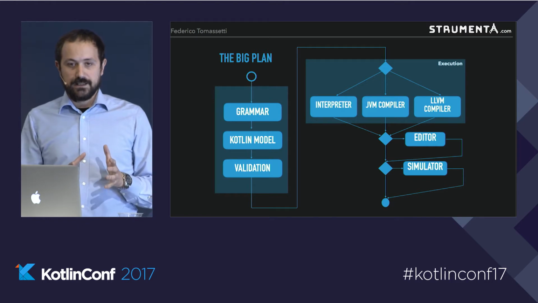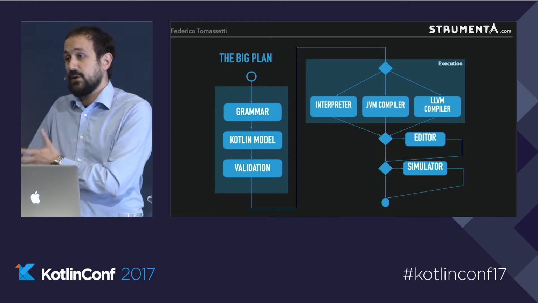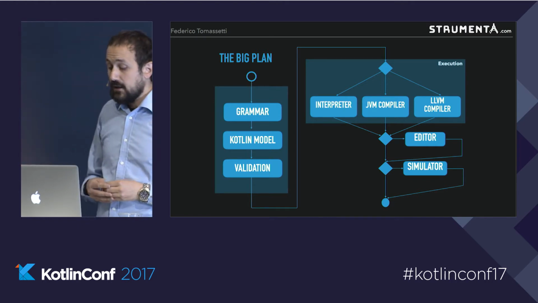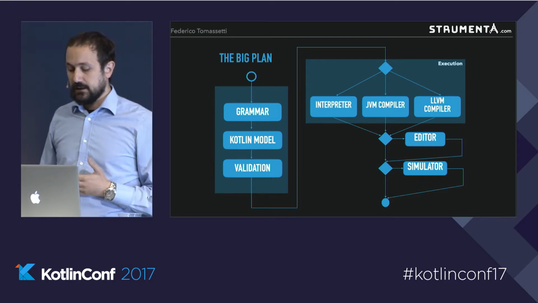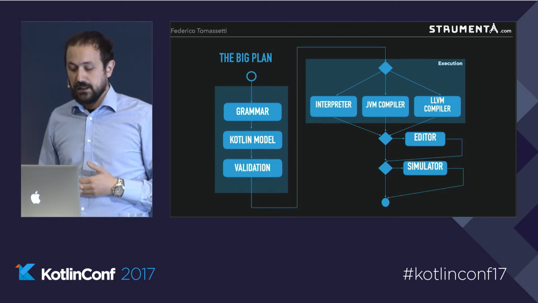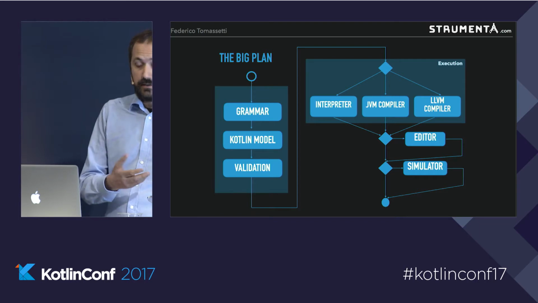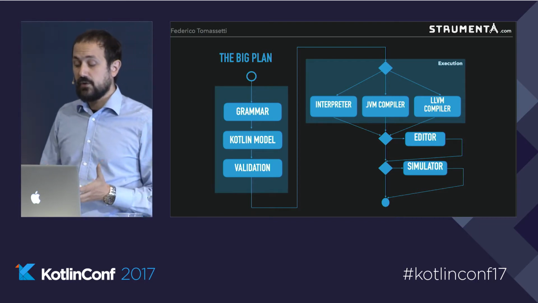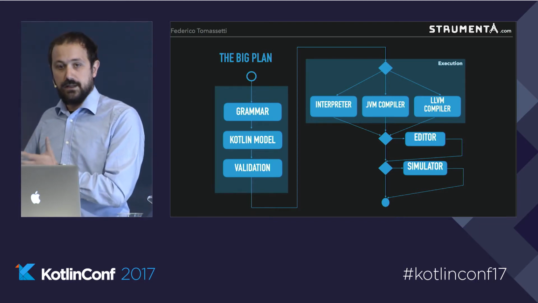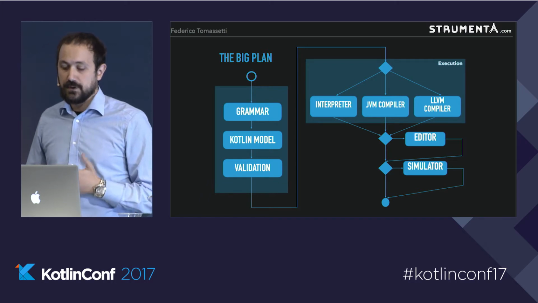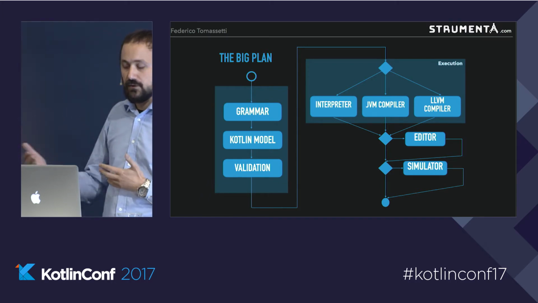Once you have done that, you need to do something with the information that you've captured. And you have different alternatives. In this presentation, we are considering the possibility of writing an interpreter, a JVM compiler, or an LLVM compiler. And this last one can be used to generate native executables.